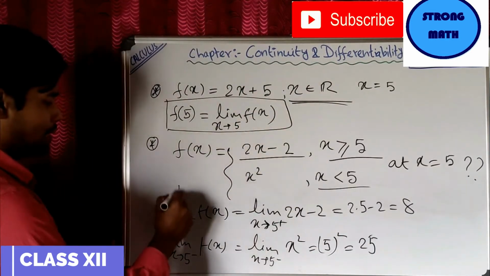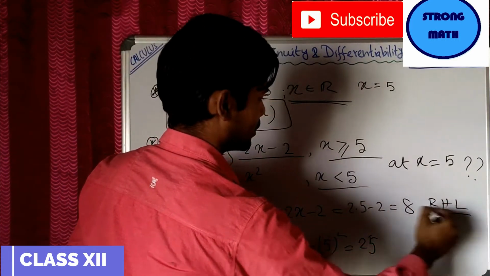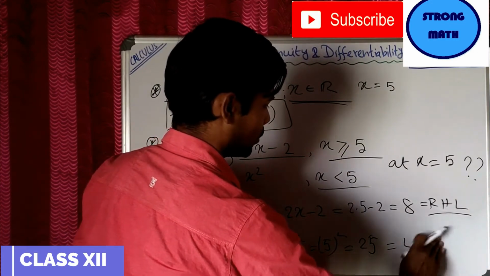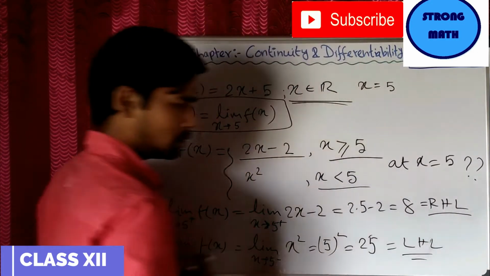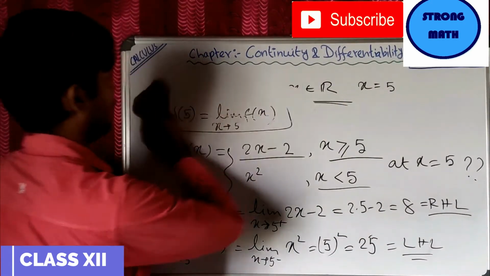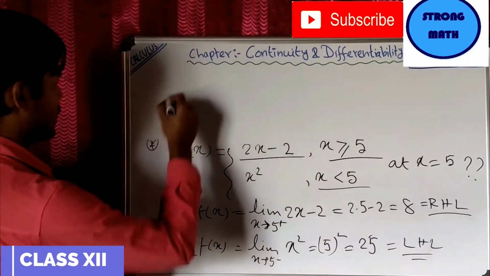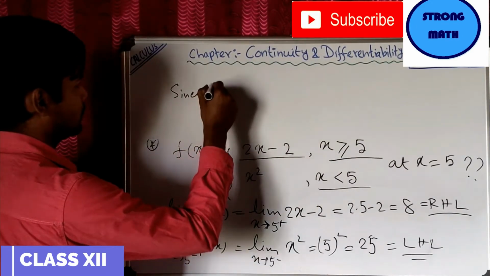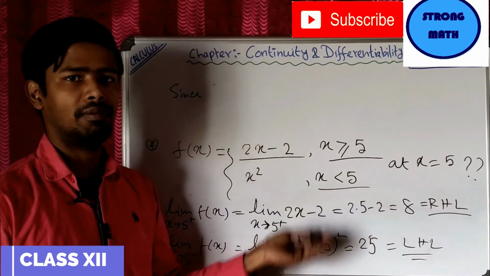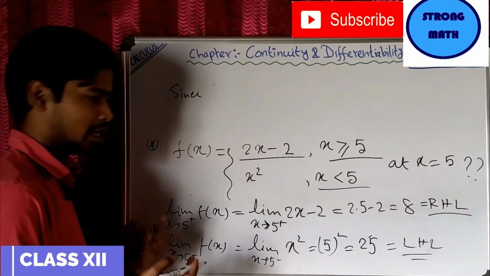Clearly the right hand limit is 8 and the left hand limit is 25. So both are not equal. Hence obviously the function is not continuous at that point, since the right hand limit and left hand limit are not equal, hence the limit does not exist at that point.